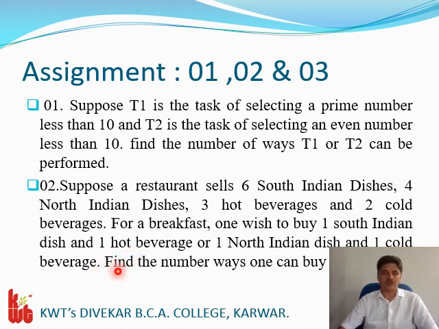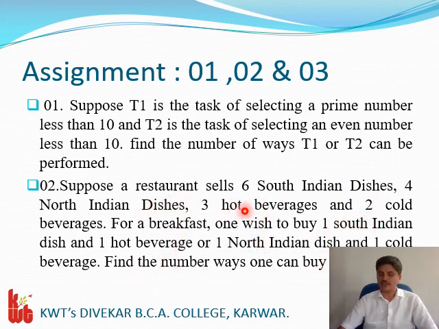In that case, what you need to find is the number of ways one can buy a breakfast of the pattern which is specified. Available are 6 South Indian dishes, 4 North Indian dishes, 3 hot beverages, 2 cold beverages. The combination is 1 South Indian dish with 1 hot beverage, or 1 North Indian dish with 1 cold beverage.